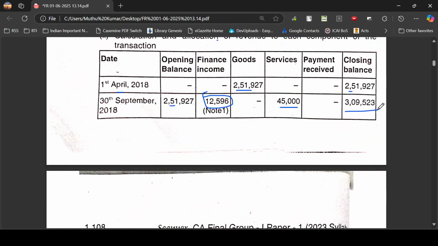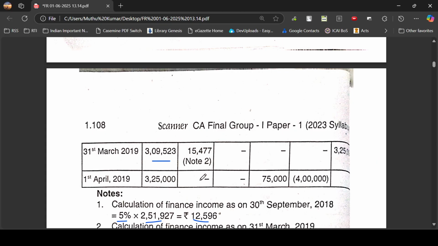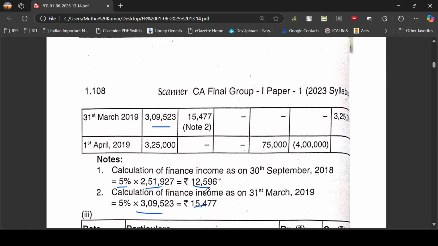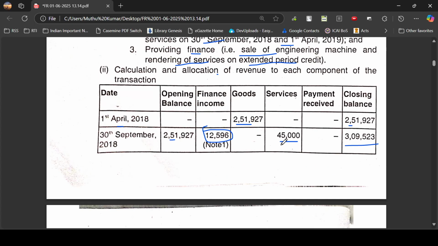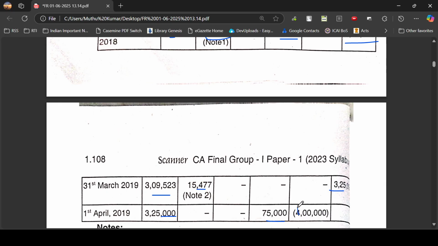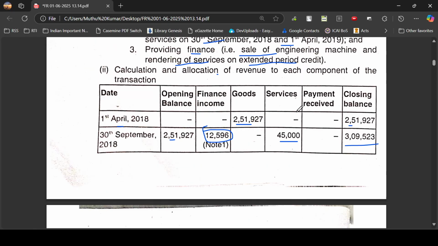So the closing balance is 3 lakh 9,000. Then on 3 lakh 9,000 at 5%, 15,000. And then after 3 lakh 26,000, 20,000 and 75,000 for services. Then in total we received 4 lakhs. That is the payment received.